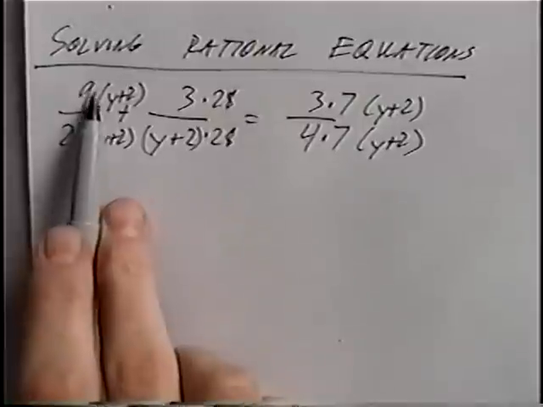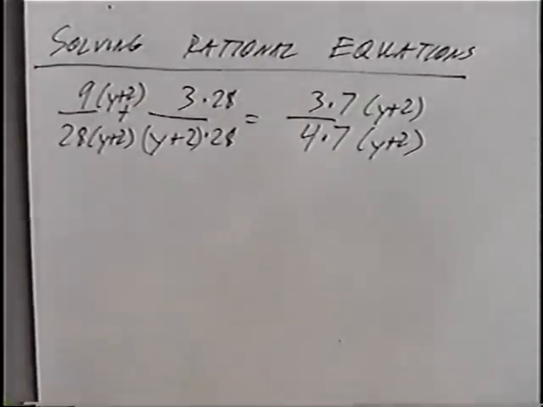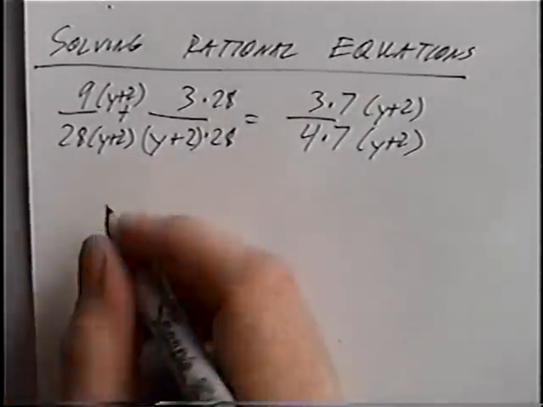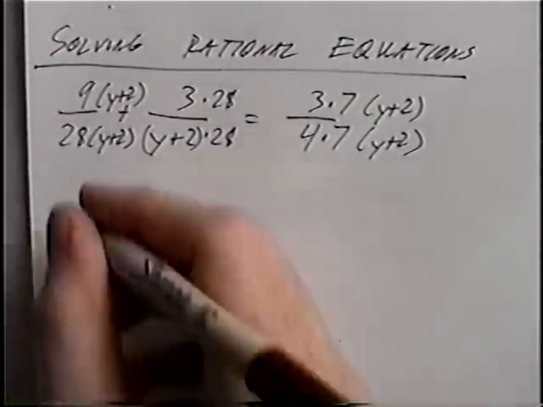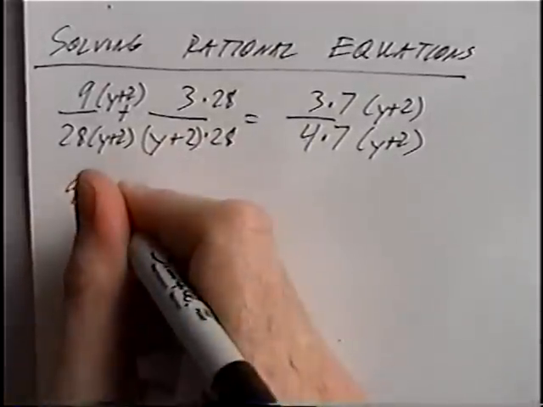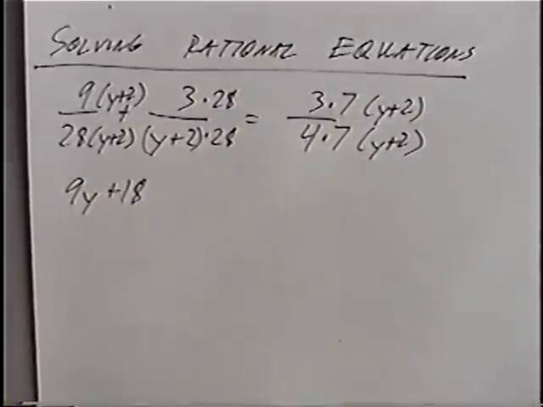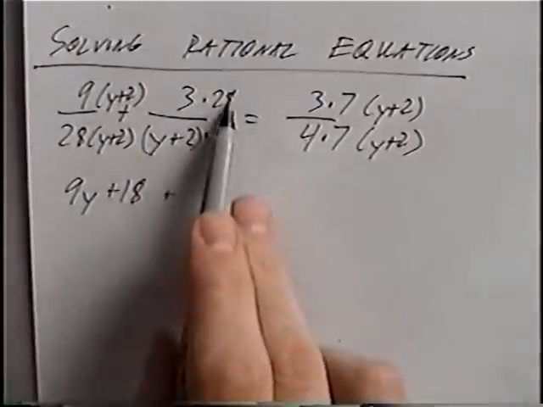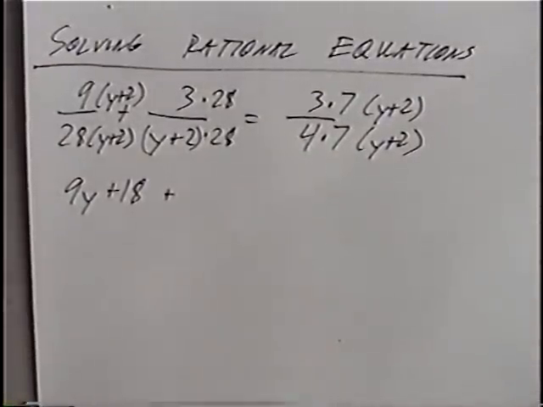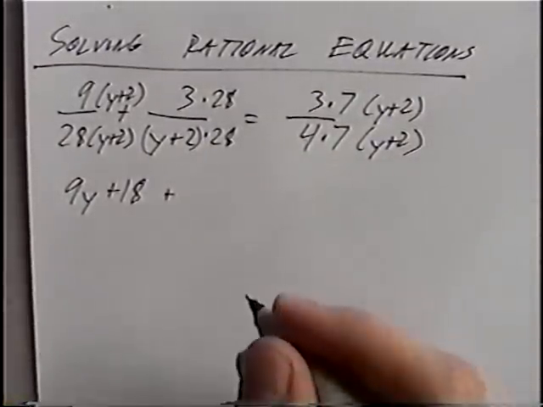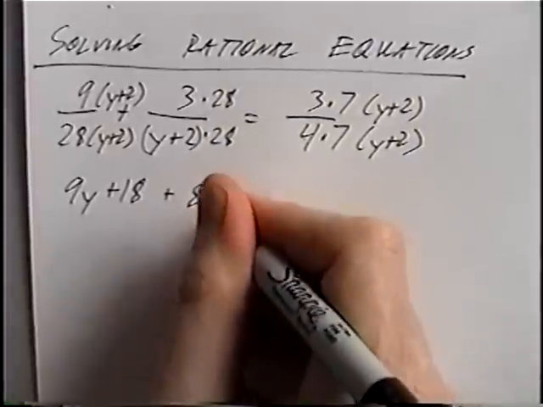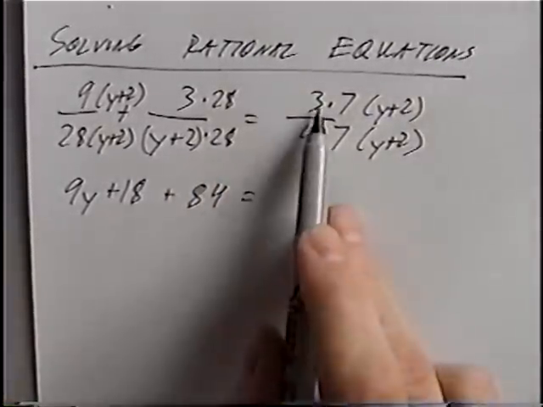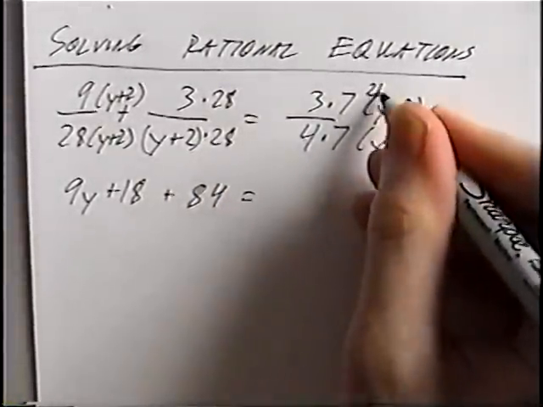From here we can multiply, distribute out, and combine the fractions. For example, 9 times y plus 2 would be 9y plus 18. 28 times 3 would be 84. And 3 times 7 would be 21.